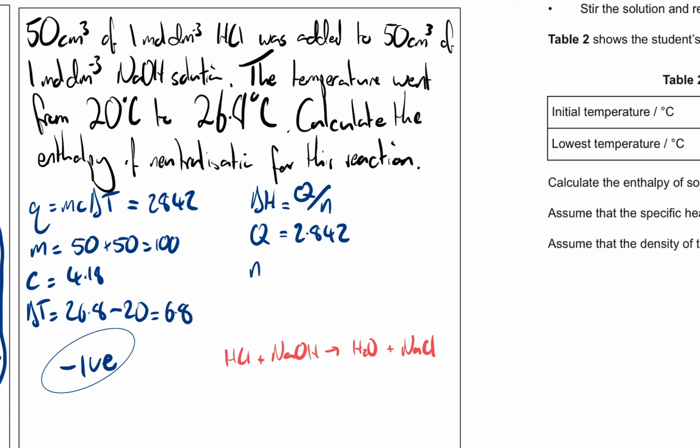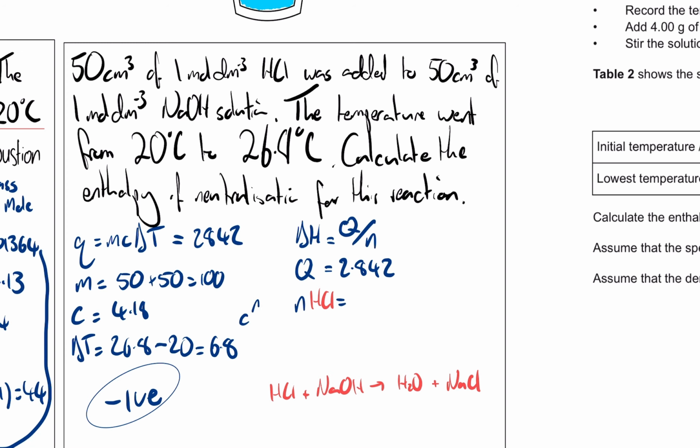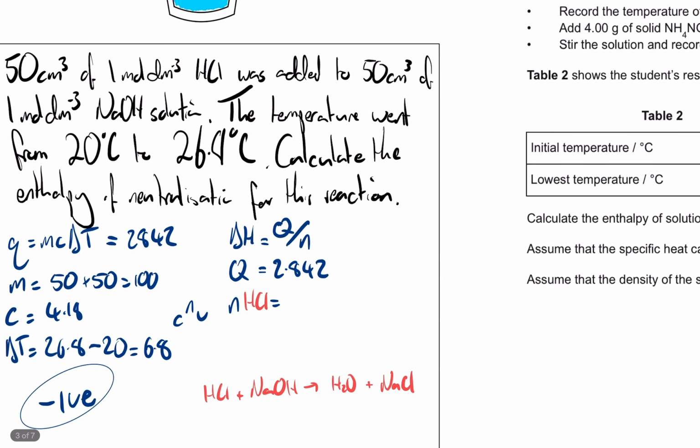So my N of HCl is equal to, HCl 50 and 1. Here, remember, we've got CNV. So to work out my moles, I'm going to do my volume over 1,000 times by my concentration.